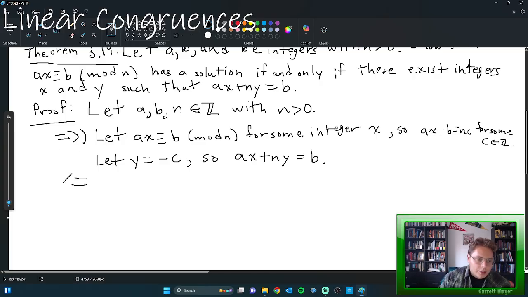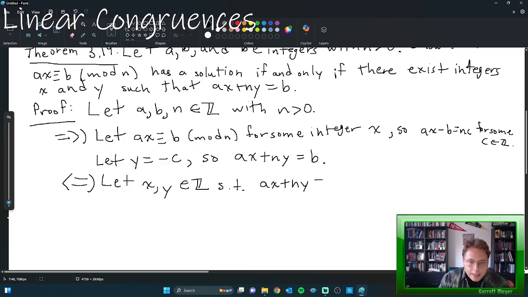So then for the other direction, we're going to let x and y be integers such that ax plus ny equals b.